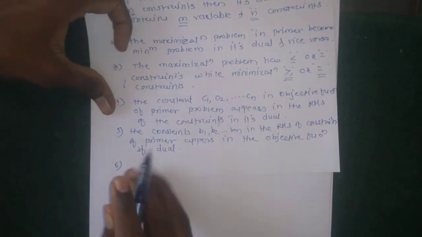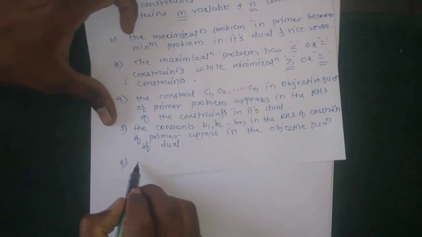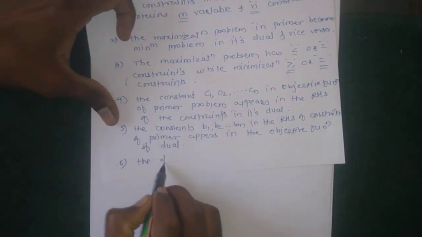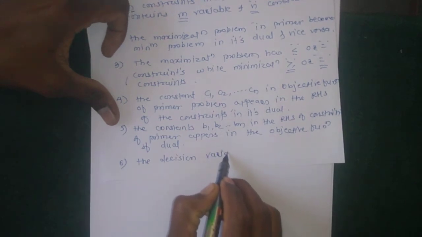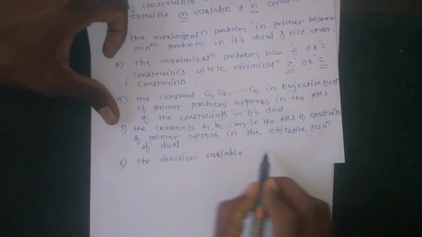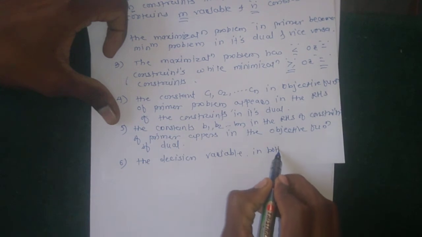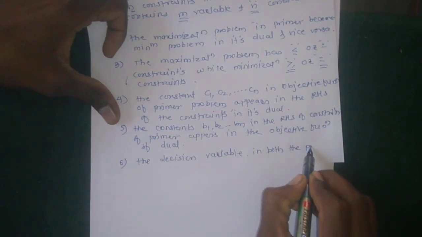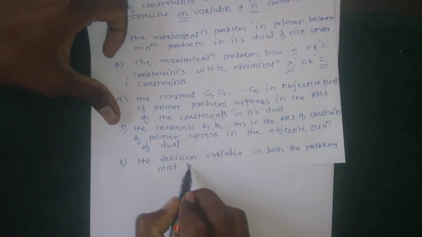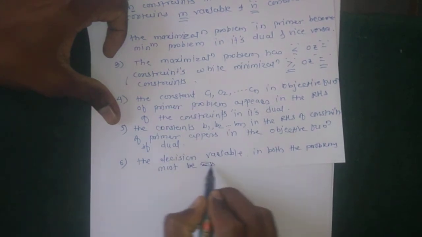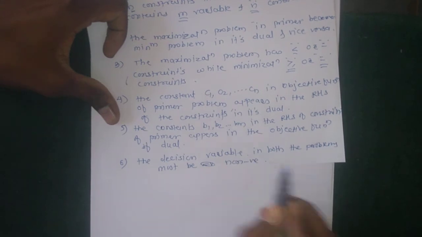And the sixth, last one, is that the decision variables in both problems must be non-negative. In this way write a dual problem.